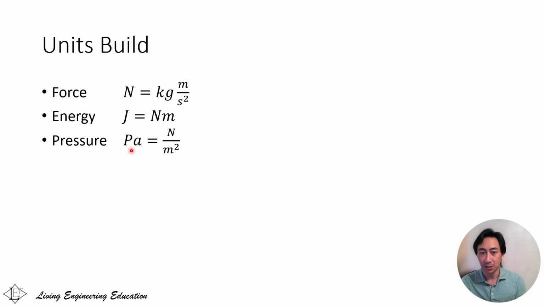Pressure in pascals is the force term over an area, so Newton per meter squared. All right, so we're going to take a look at a couple examples that give us these three more complex unit terms.